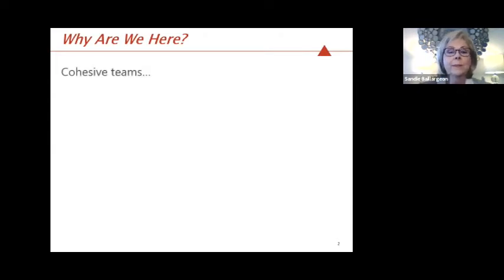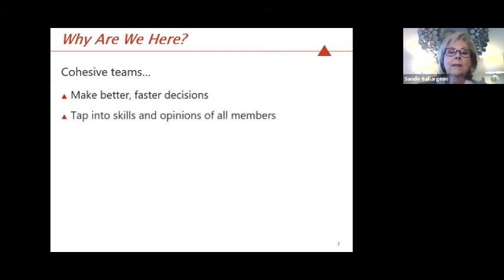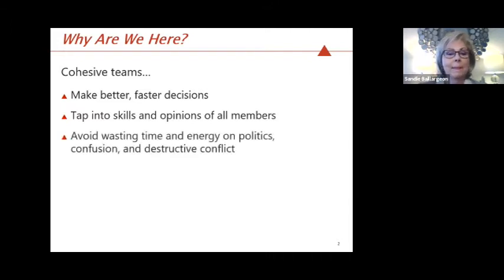So why are we here? Because cohesive teams make better and faster decisions. They also tap into the skills and opinions of all members, not just 1 or 2 members, but all members of the dental team, just like a family. They avoid wasting time and energy on politics, confusion, and destructive conflict, because that's negative energy.